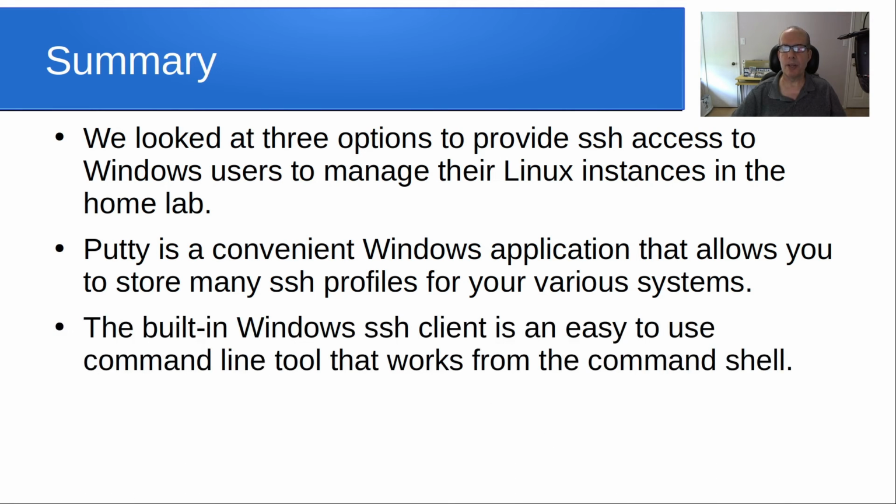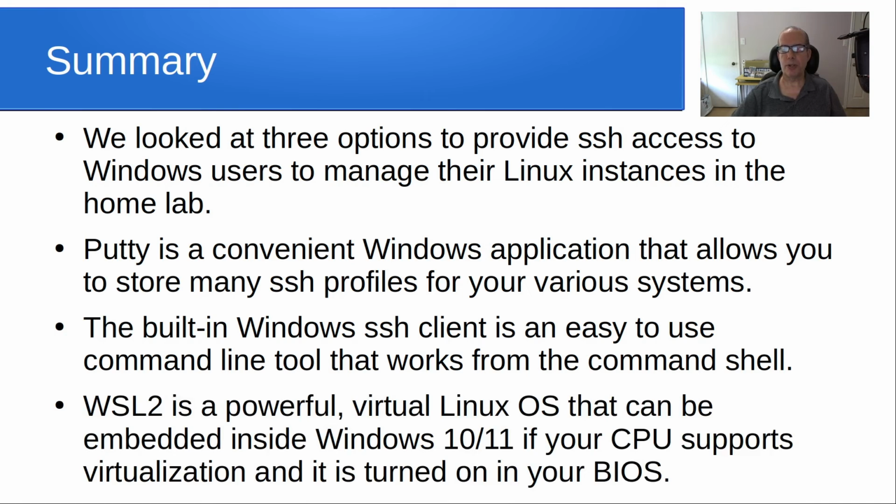And the built-in Windows SSH client is an easy-to-use command line tool that works from the command shell. WSL2 is a powerful virtual Linux OS that can be embedded inside of Windows 10 or Windows 11 if your CPU supports virtualization and virtualization is turned on in your BIOS.